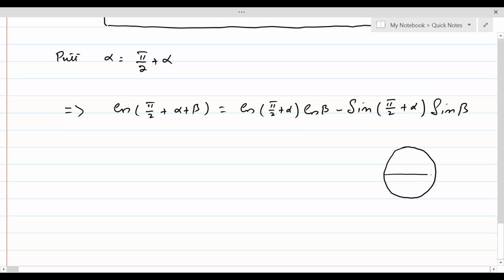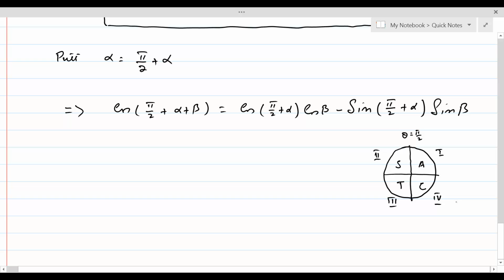But because of this arrangement, if we have a unit circle, and this is the line indicating theta equal to pi by 2, we know that all trigonometric ratios are positive in the first quadrant, sine is positive, tan is positive, and cos is positive in the fourth quadrant. This is quadrant 1, this is second quadrant, this is third quadrant, and this is fourth quadrant.